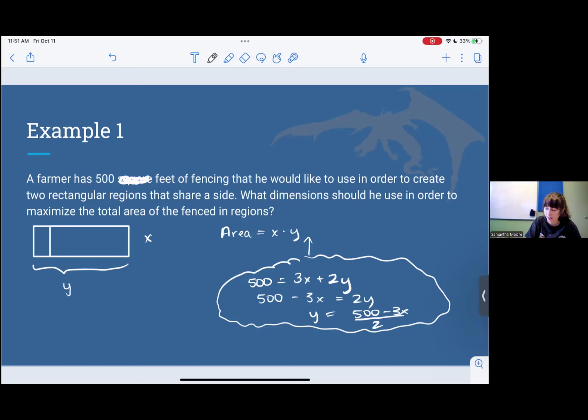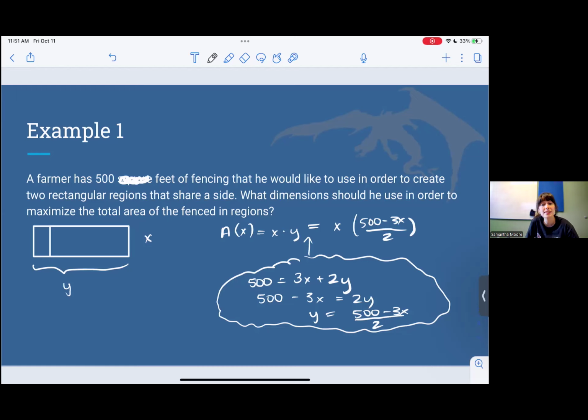Now my area formula, I'm going to substitute that in. So my area formula is really going to be x times y, which was (500 minus 3x) over 2. That's awesome. Now I have my area formula in terms of just one variable. Think about area as a function of x.